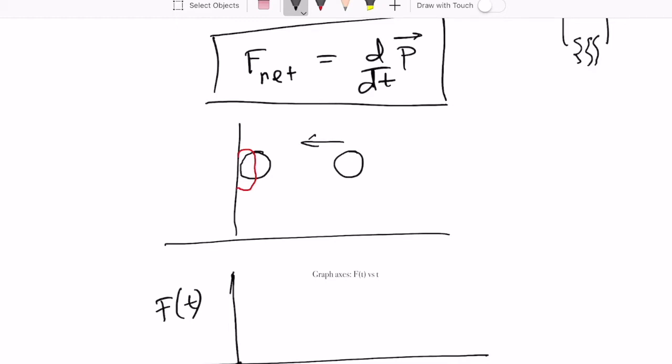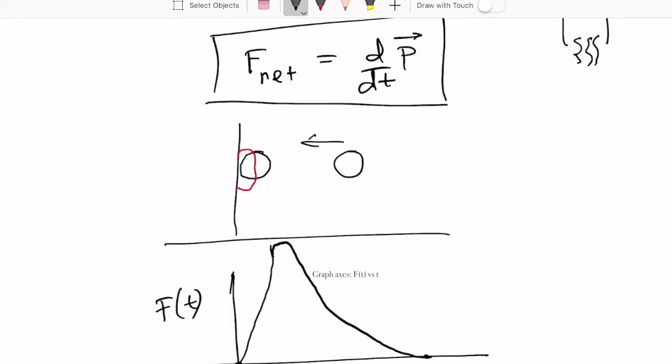But then as the ball squashes against the wall, the force might increase tremendously. And then the ball starts rebounding and going back, and as it begins to take off, the force will decrease, and eventually the ball just completely loses contact with the wall and flies off. And at that time, the force becomes zero. So the force would have this kind of time dependence.